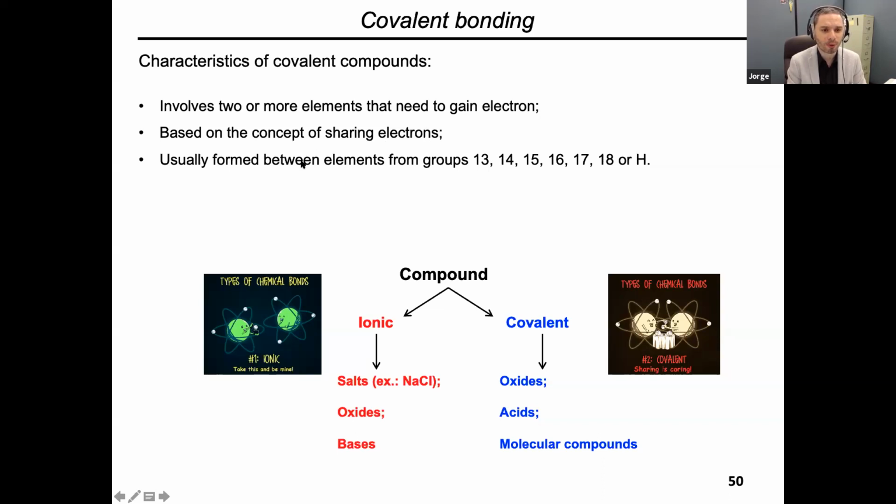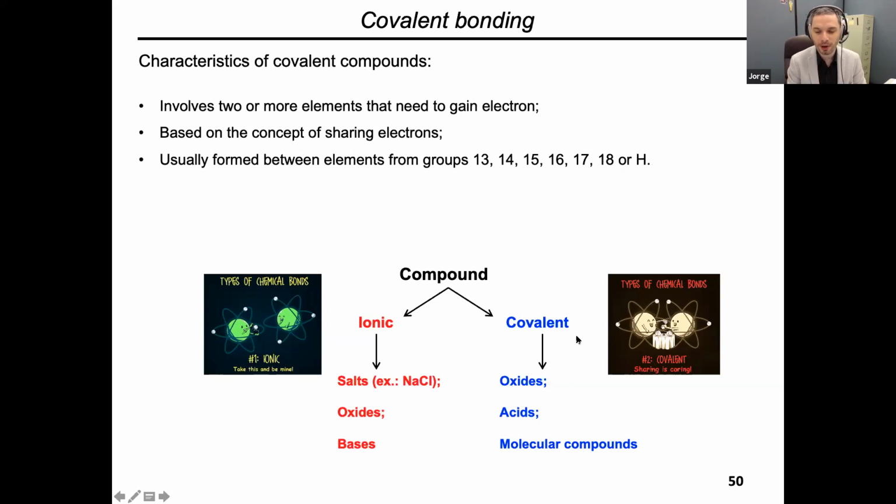Covalent bonding is usually formed between elements from groups 13, 14, 15, 16, 17, 18, or hydrogen, okay? Any combination of elements that belong to those groups will form a covalent bond.